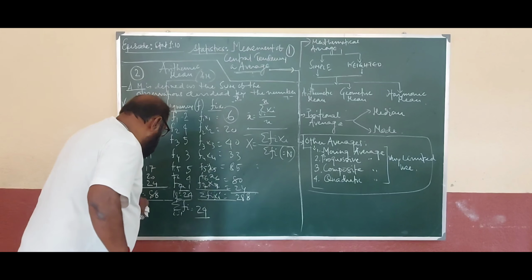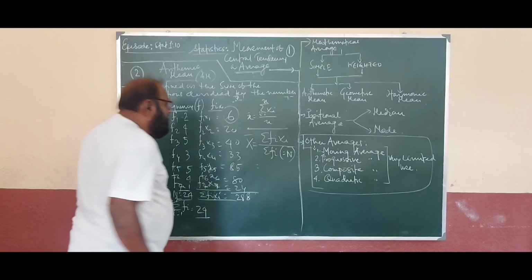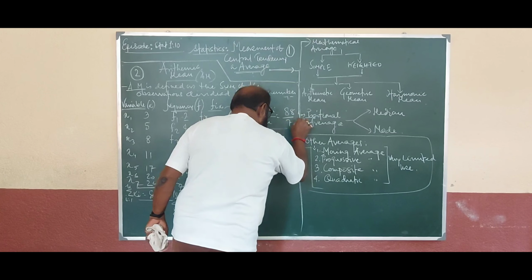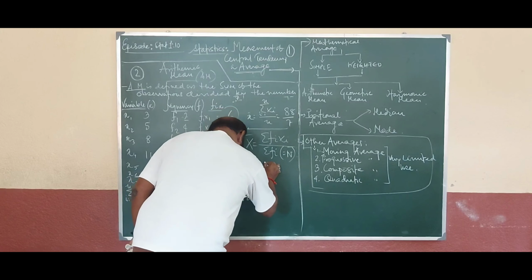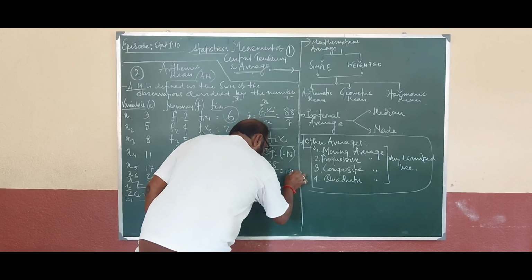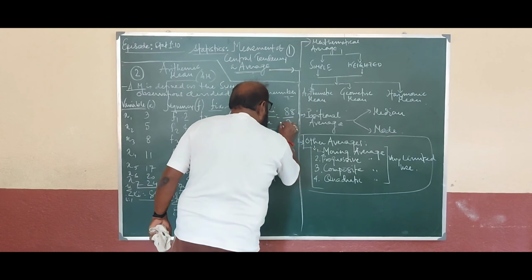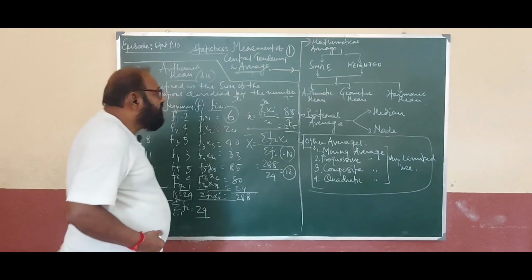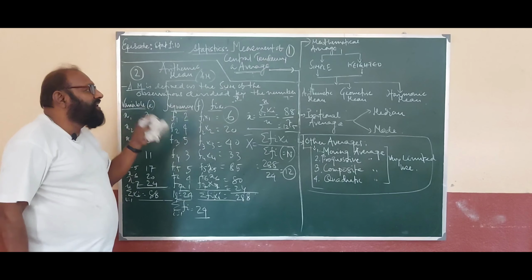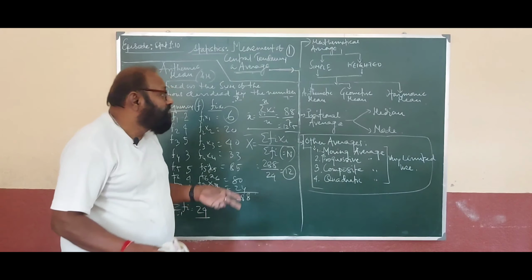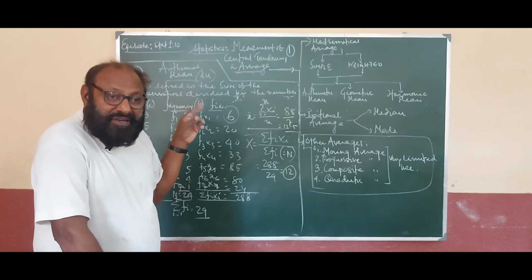So if we follow this, it is 288 divided by 24. It is 12 or 12.5 around. So this is the general method of finding out the arithmetic average, the mathematical average, that is arithmetic mean.